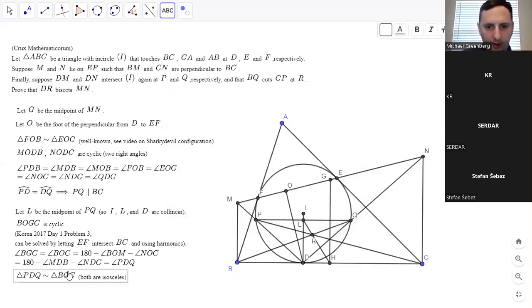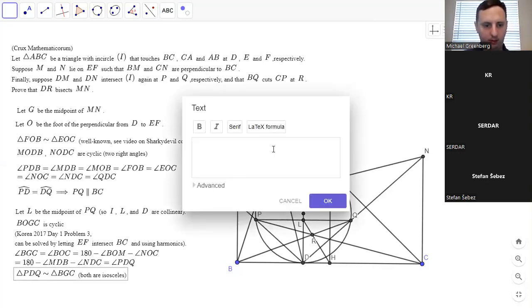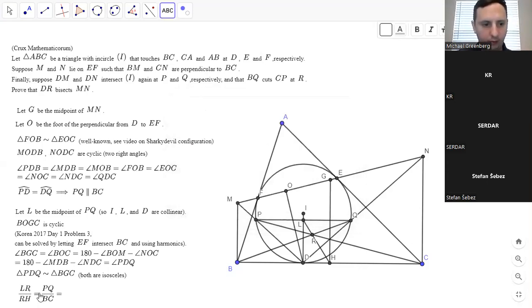From there, we have LR over RH is PQ over BC, which is equal to LD over GH.